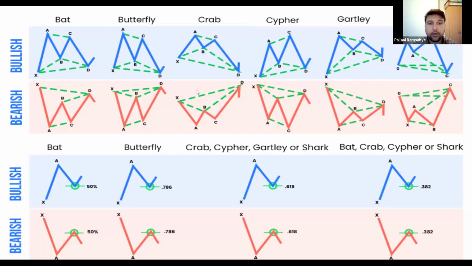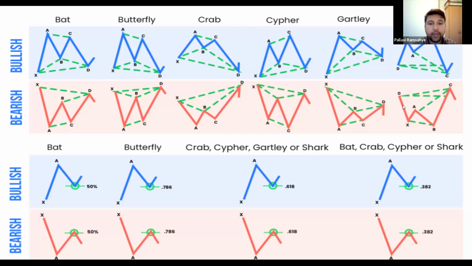If I was to throw out another pattern, let's say the shark pattern, which 2 zones are we looking for point B to retrace to? Which 2 numbers can we look for the shark pattern to begin forming on point B? 382, yes, that's the shark pattern retracement.